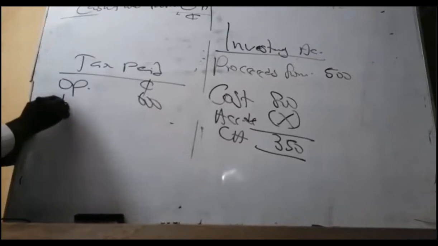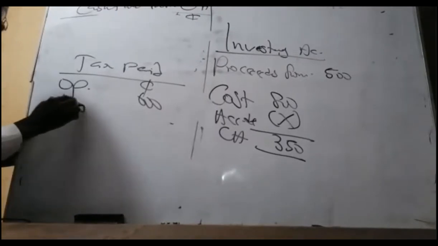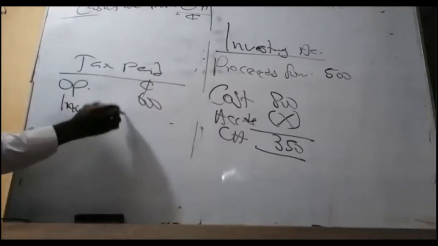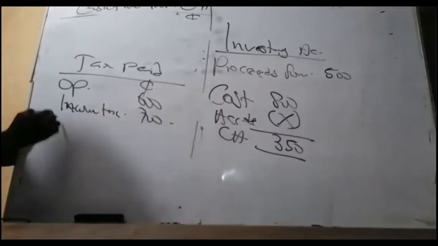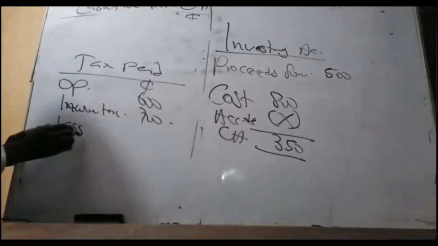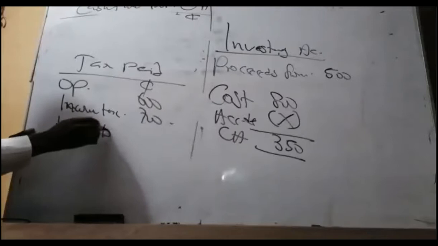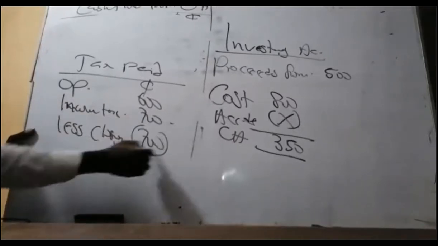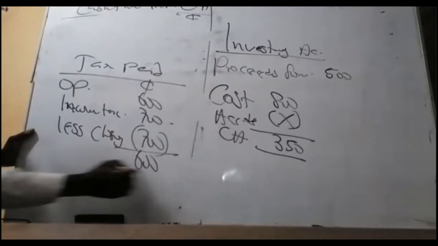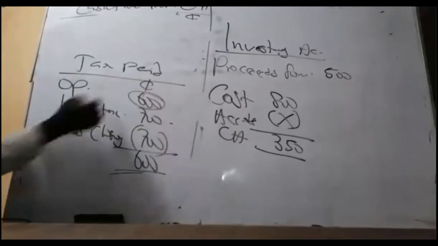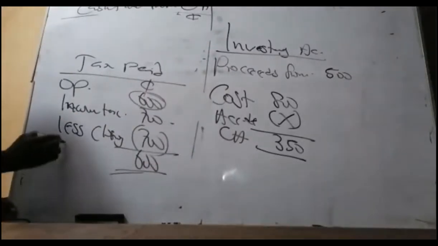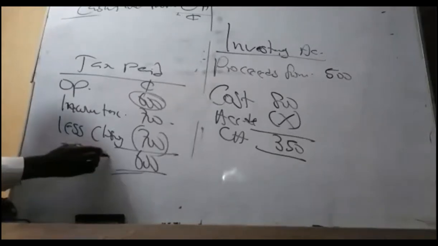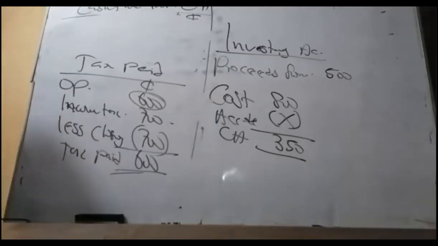You need the income tax expense, which is 700, less the closing balance, as the income tax liability is also 700. It confirmed that the previous balance is the one that is paid during the year. So this one becomes tax paid. Just a confirmation the examiner was giving you.